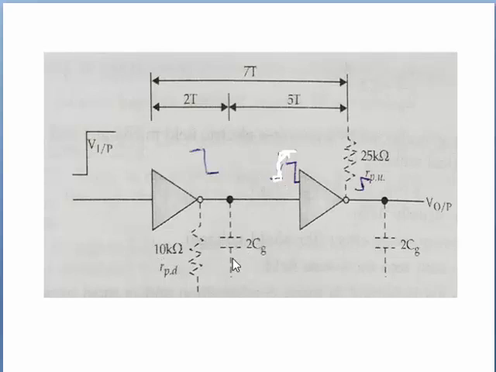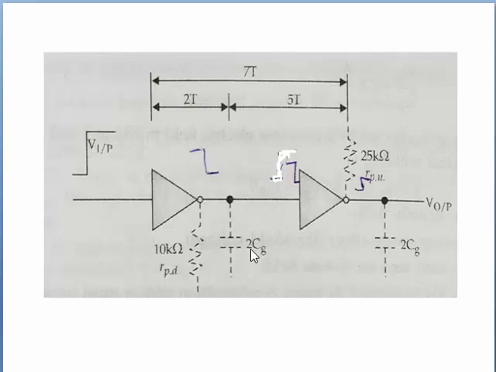Also the gate capacitance is 2 Cg, meaning the gate capacitance of the CMOS inverter is double that of the NMOS inverter, because the input of the CMOS inverter is connected to the gates of both transistors, NMOS and PMOS.